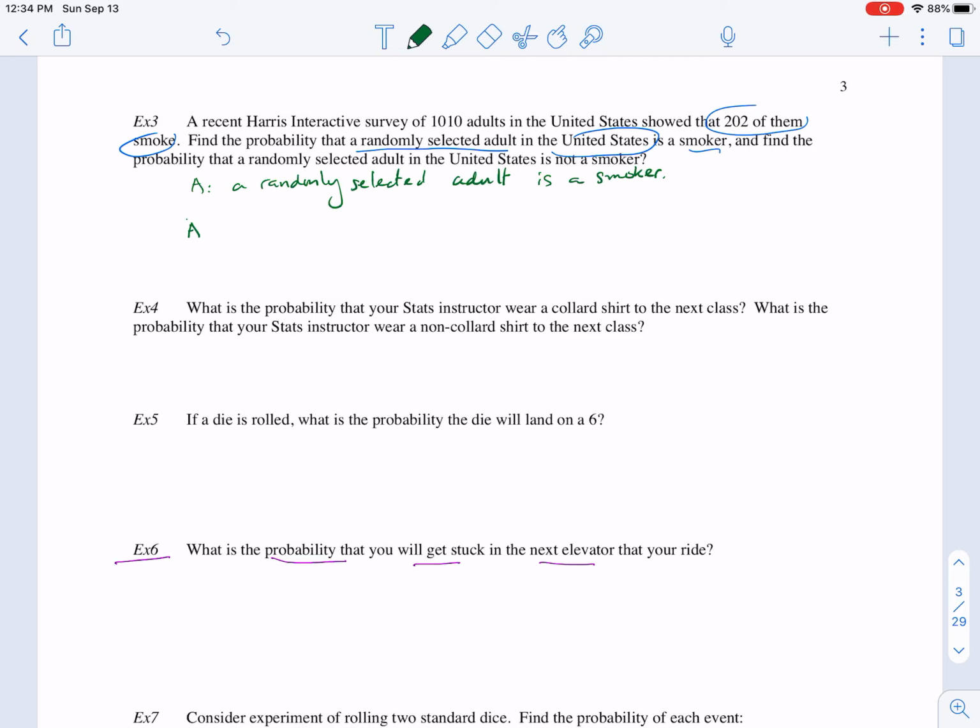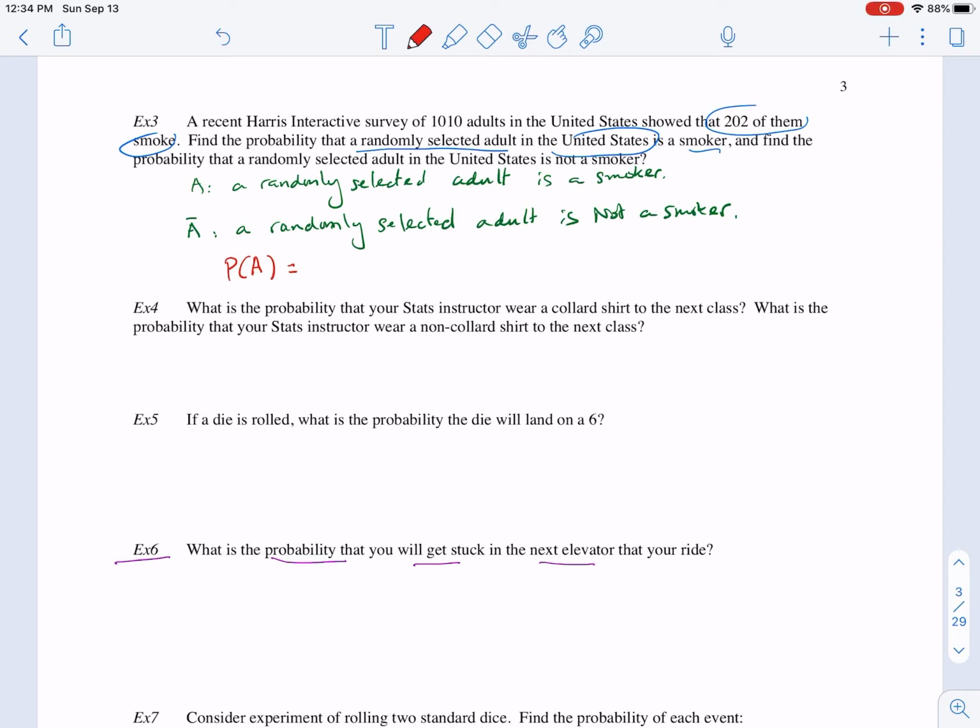So we can say A bar is the event that a randomly selected adult is not a smoker. If we define these events, we don't have to rewrite them over and over again. We can just go straight and say, okay, P of A in this case is the probability that a randomly selected adult in the United States is a smoker.